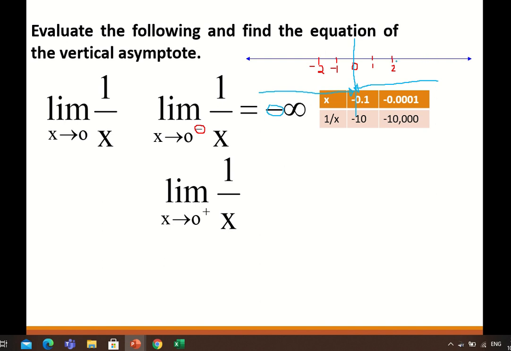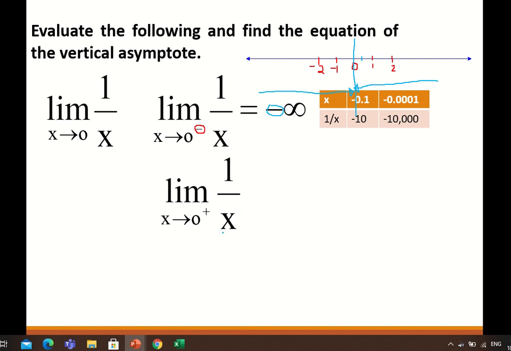Positive 4, 3, 2, 1, and so forth, until it gets close to 0, like 0.5, 0.2, 0.1, 0.0001.